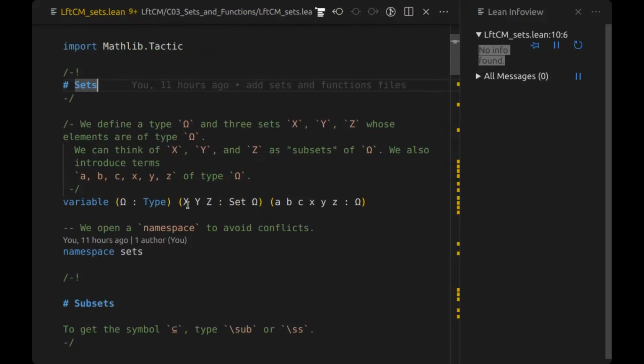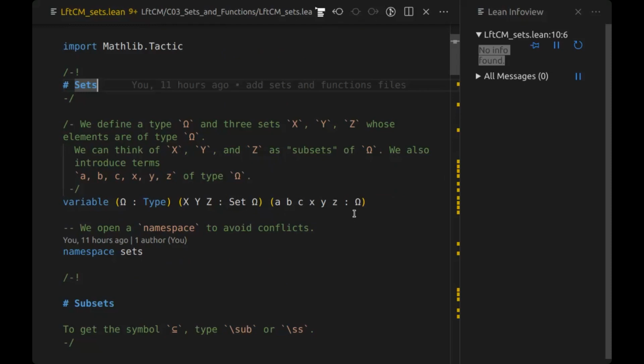That means that if I have X of type set omega, this tells me that X is a set where all of the elements of X have type omega. Okay? So here I'm fixing X, Y, and Z in this type, set omega. That means I can think of X, Y, and Z as 3 subsets of the set omega, which is really a type, but think of it as a set.